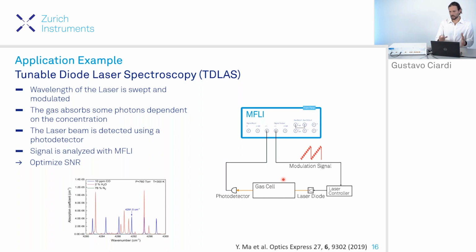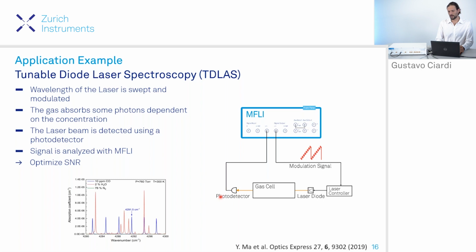A way that is generally done to improve the sensitivity is to include, together with the sawtooth signal that is going to the laser to change the wavelength, also a tiny sinusoidal modulation on top of the sawtooth signal. This modulates both the amplitude and the wavelength, and as we've seen before, shifts the signal of interest to the frequency of the modulation.